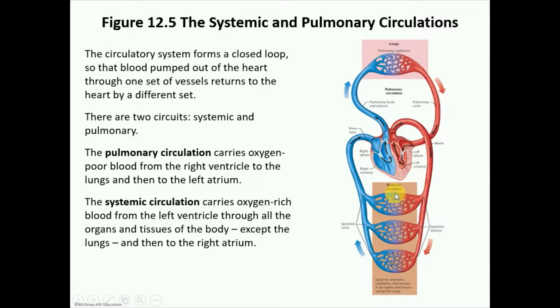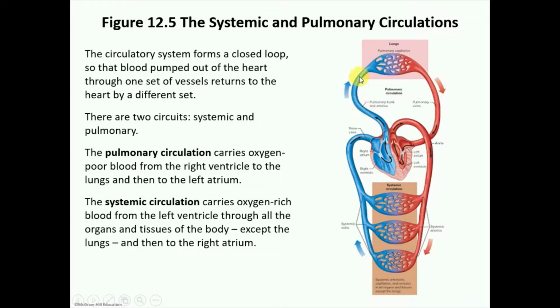So what happens is that the deoxygenated blood, meaning the blood that does not have oxygen in it, or oxygen-poor blood, will be pumped from the right ventricle into the pulmonary artery.